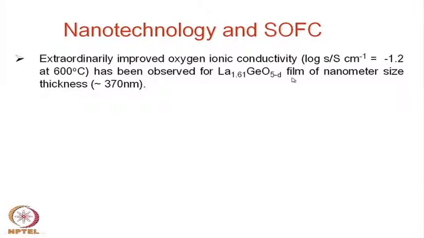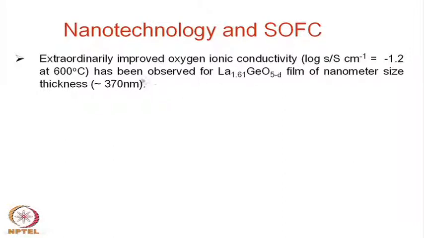I mentioned earlier that just like YSZ or yttria stabilized zirconia, there is another compound called lanthanum gallate which has, in general, very high conductivity at a much lower temperature. But if the same material is deposited in nanometer size, at a thickness of 370 nanometers, you get a much enhanced conductivity at 600 degrees centigrade, which is much greater than that of YSZ.